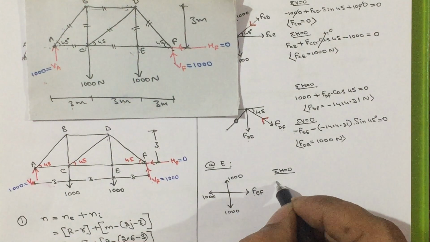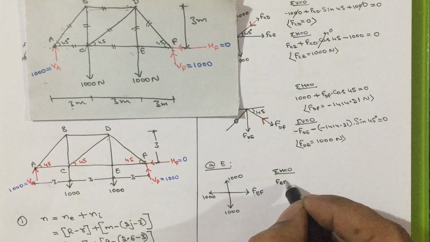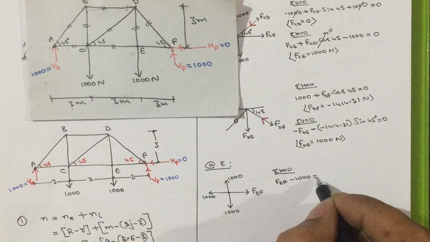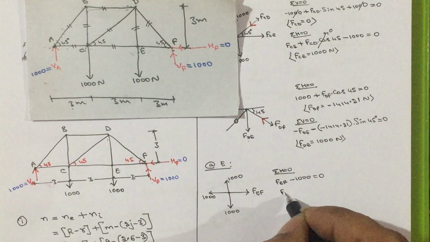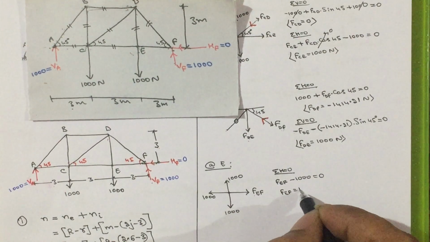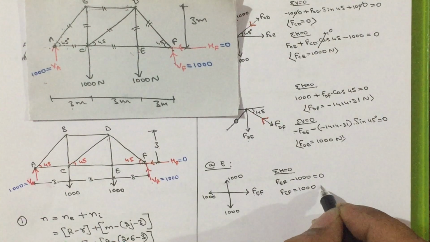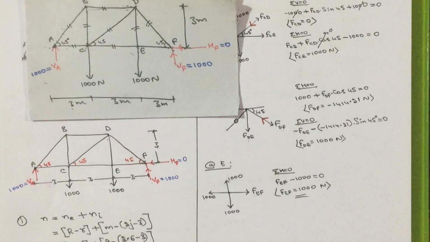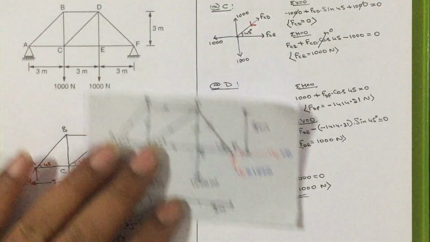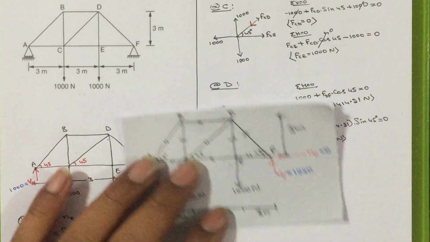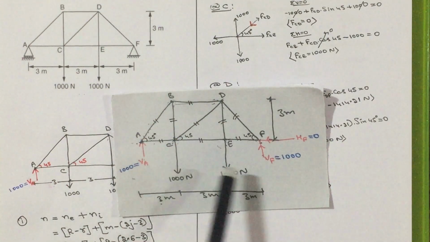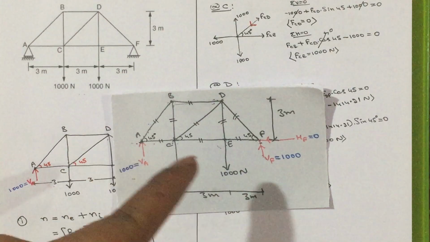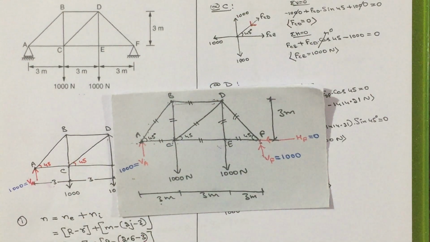This is plus FEF, it is minus 1000, that should be equal to 0, or FEF is equal to plus 1000 Newton. So we have calculated the forces in all the members. Now you can check it, wherever I calculated I have cross marked that one.